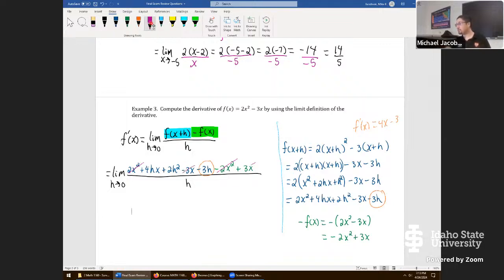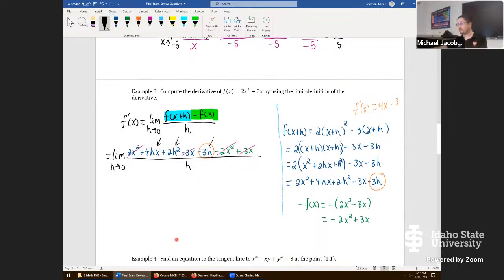That negative 3x will cancel with that positive 3x. And all we have are just a few survivors. Here, here, and here. That one got corrected. All of them are being divided by h, so you're welcome to take a shortcut if you like.